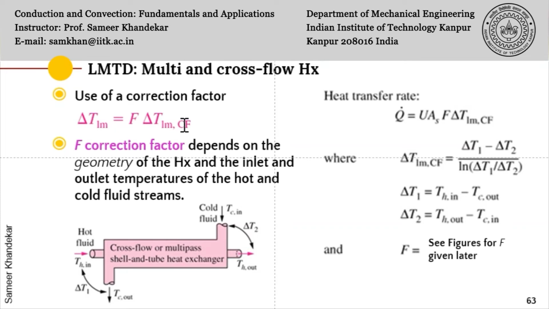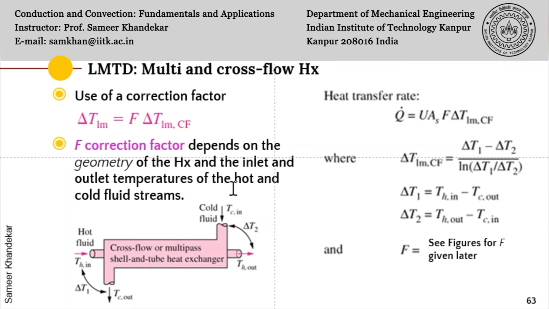Once you get that LMTD for the ideal simple heat exchanger, parallel flow or counterflow, you multiply it with a factor F, which depends on the geometry of the heat exchanger which you are actually working with.